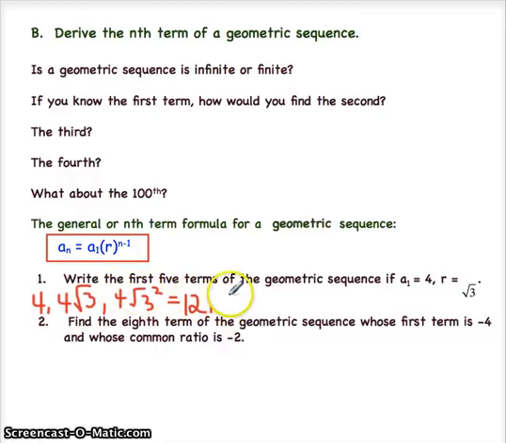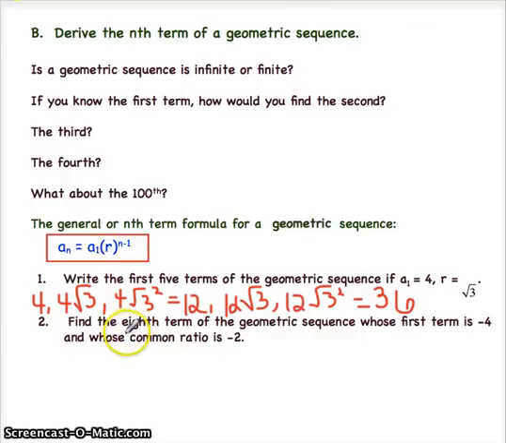So our fourth term is, sorry, not 4, but 12 times the square root of 3. In our fifth term, we'd multiply 12 times the square root of 3 times itself. So 12 times 3 is 36, and that gives us our first 5 terms.